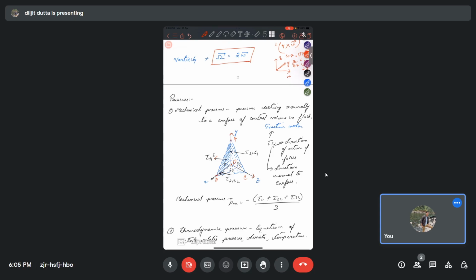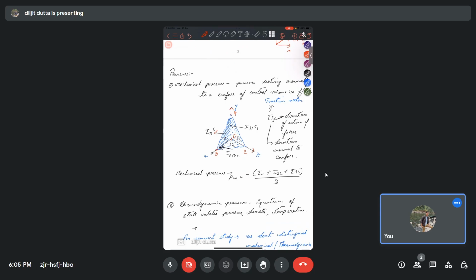Now we define tau, which is called the traction vector or also called the stress vector. There are two components in this vector, one is i and another is j. The j component signifies the direction of action of force.